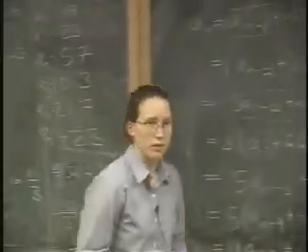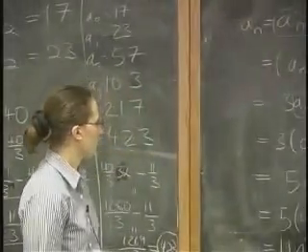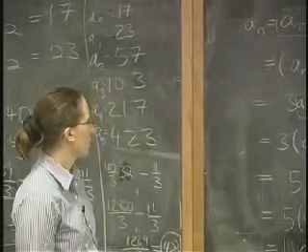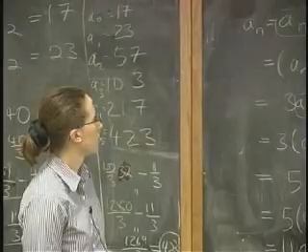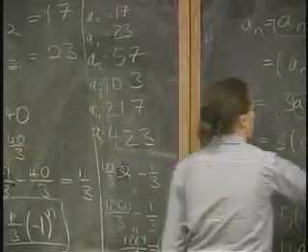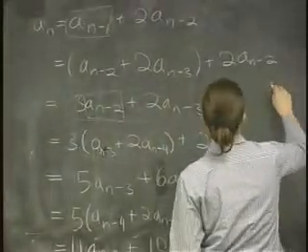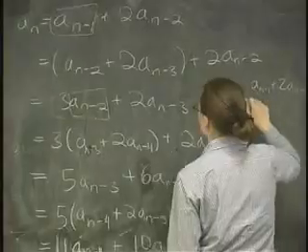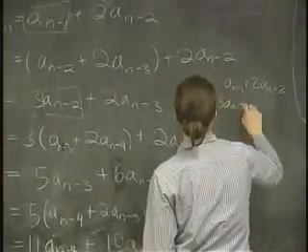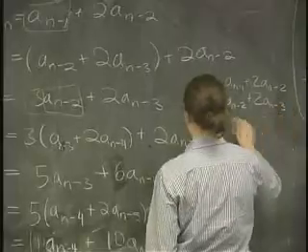Let me suggest some patterns. I don't see how to put them together yet. But if you put 3a_{n-2} plus 2a_{n-3} on the board, followed by 5a_{n-3} plus 6a_{n-4}, followed by 11a_{n-4} plus 10a_{n-5}, you'll notice that the lead coefficient in each succeeding term is the sum of the two coefficients in the preceding one.